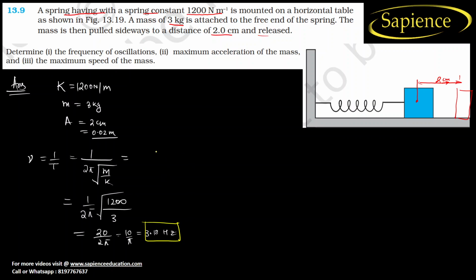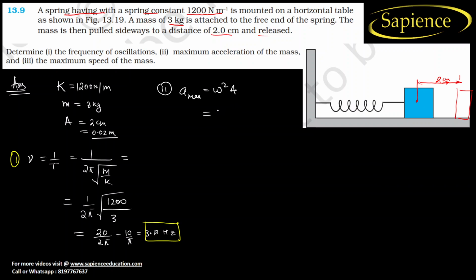Okay. This was question number 1. Now question number 2 is asking for the maximum acceleration of the mass. We know that A maximum is equal to omega square into amplitude.